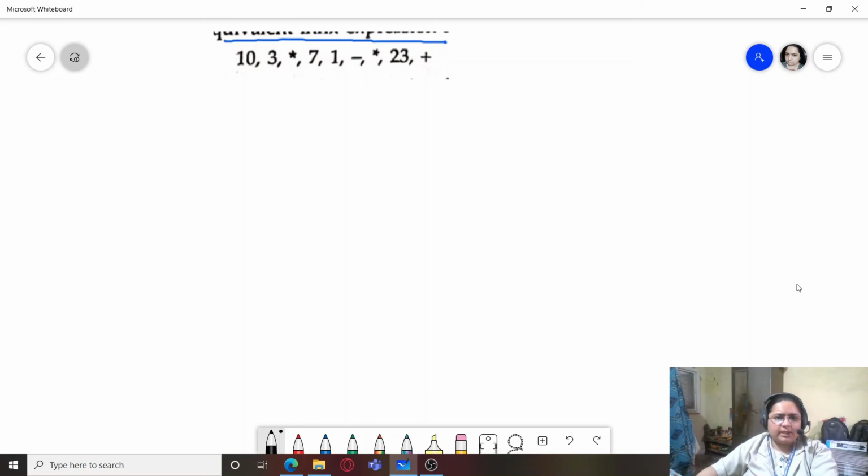Firstly, figuring out the infix expression. So you can see we have 10 first of all. We will again divide the screen into three parts: scanned symbol, stack, and finally the infix expression.